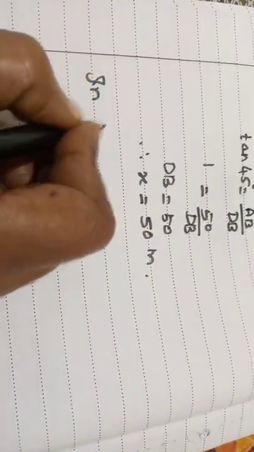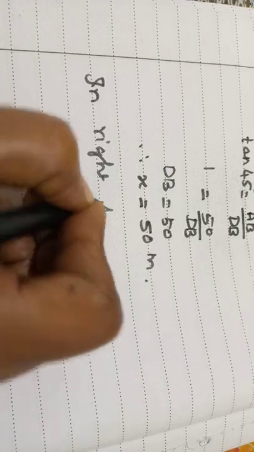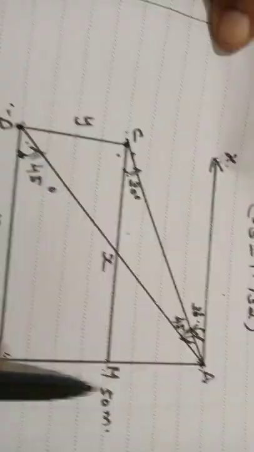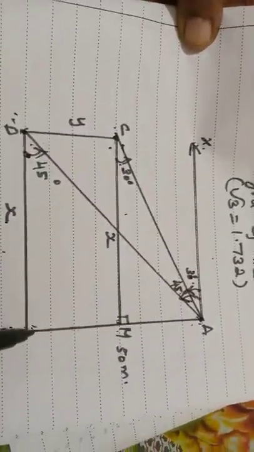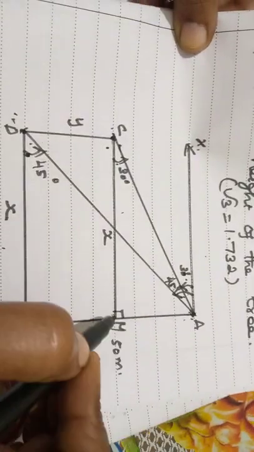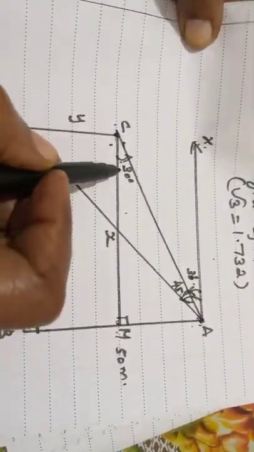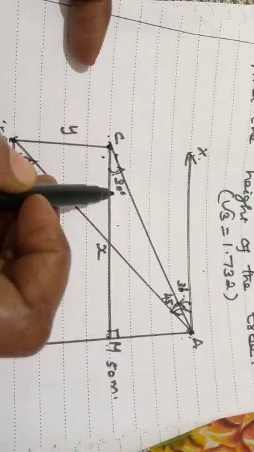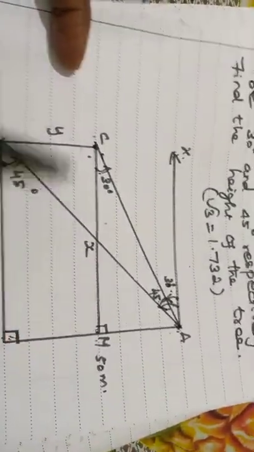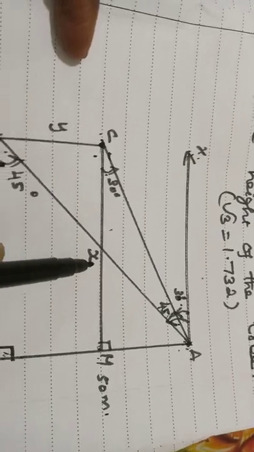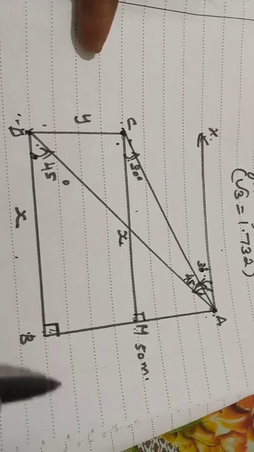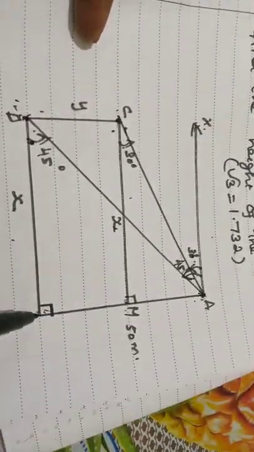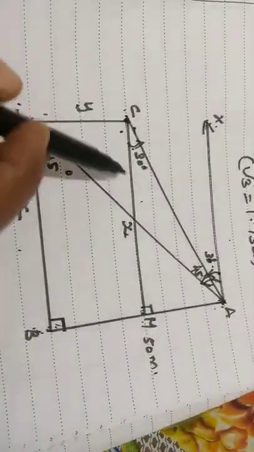What is the next right triangle we have? In right triangle AMC we have. See the diagram, this AMC, this right triangle is mentioned here. The angle is given, 30 degree. Here also we need the adjacent side; CD we need, and for that we have to find this BM. So the tan ratio can be used.